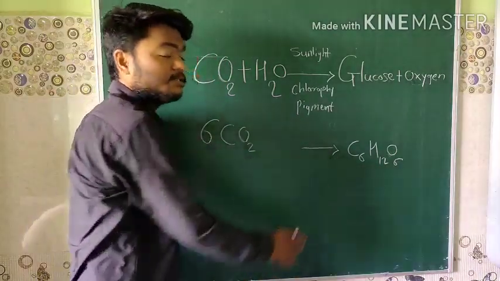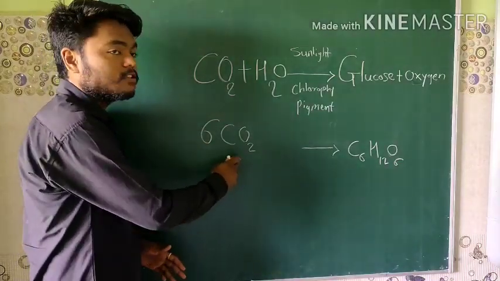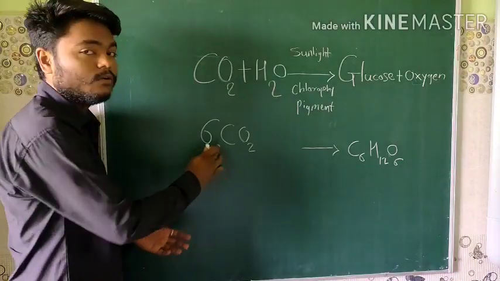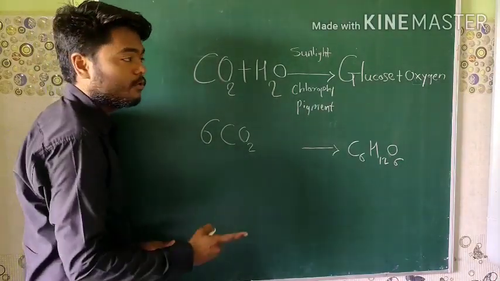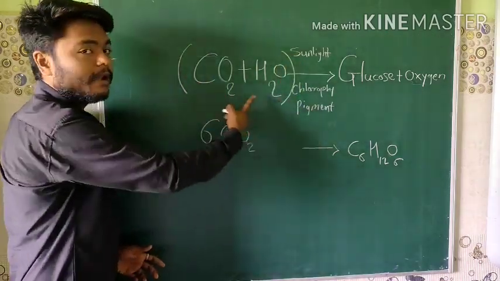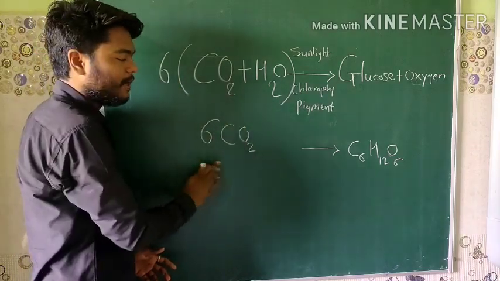To get 6 carbons we will use 6 carbon dioxide molecules, because each carbon dioxide has one carbon. So we will multiply this whole portion by 6.